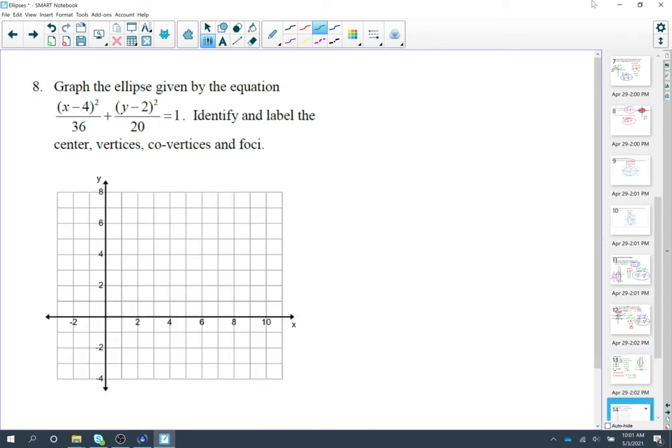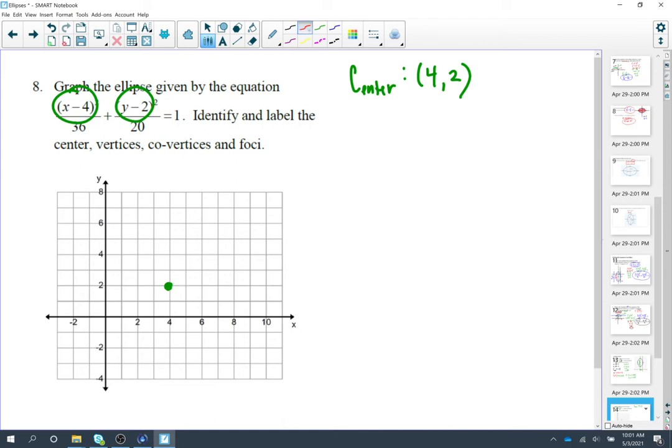Example 8. Graph the ellipse that's given by the equation. Identify and label the center, the vertices, the co-vertices, and the foci. Same as before. So this time I'm going to start with the center. And the center is going to be +4, +2.